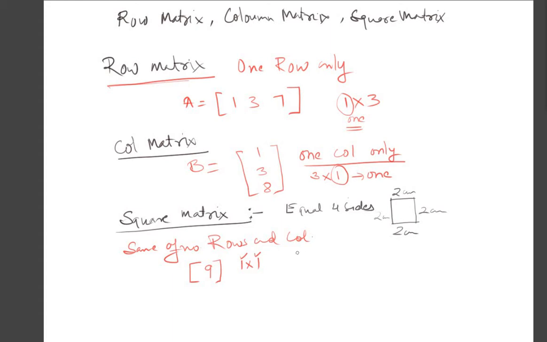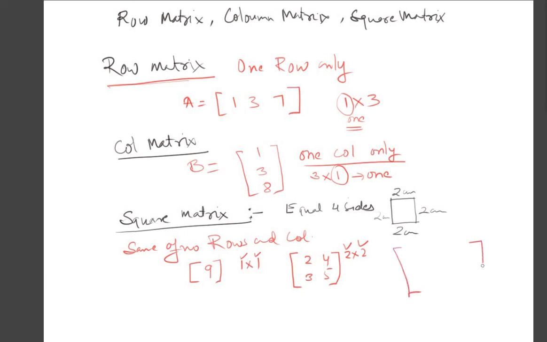Now I draw another one. Can you give me the order of this matrix? 2 cross 2. So you see 2 rows and 2 columns. This is also a square matrix.